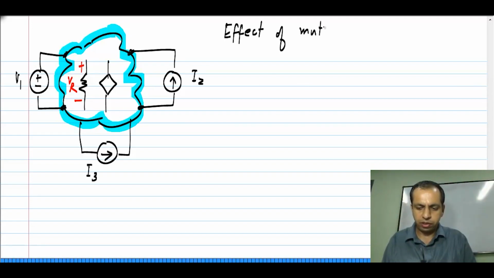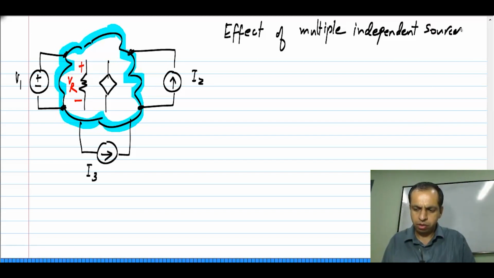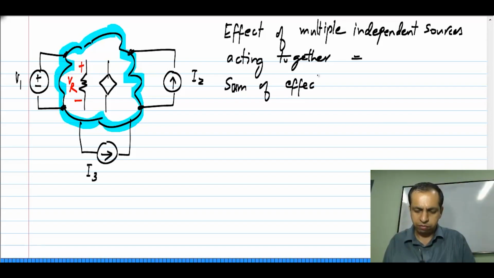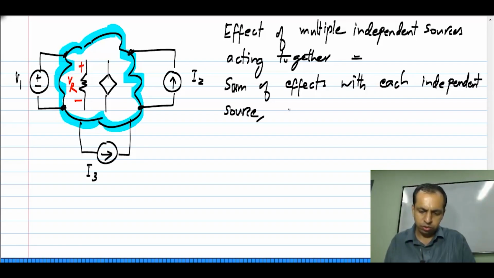The effect of multiple independent sources acting together equals the sum of effects with each independent source acting one at a time.